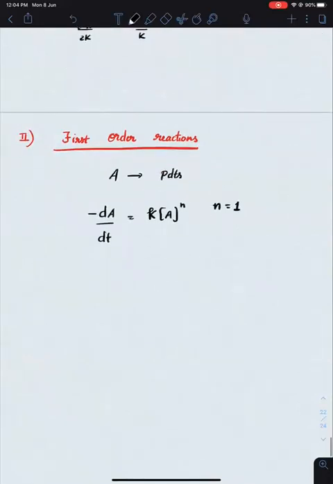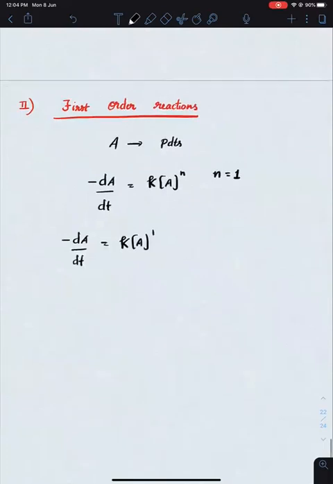So I can say it is minus dA upon dt = K into concentration of A per 1. If you are taking all variables on one side, I can rearrange this as minus dA upon A = K dt.